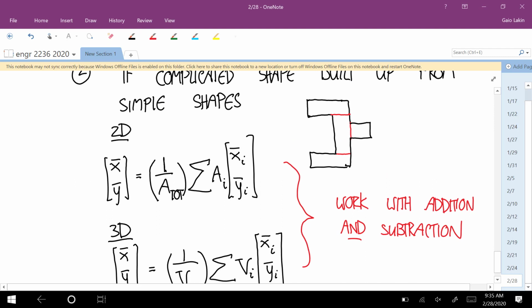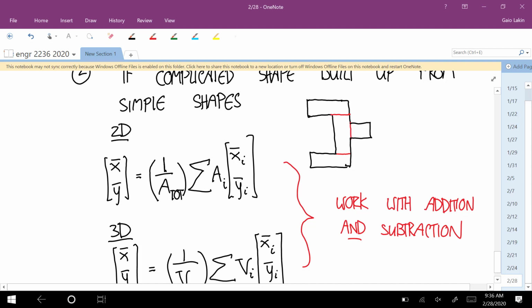Just like we could, the quickest way to do this is, I don't know, this might actually be quicker. So we thought of that as adding up, using this sum formula, this shape plus this plus this plus this. But you could also think of it as adding this shape to this big rectangle and then just subtracting this small rectangle.